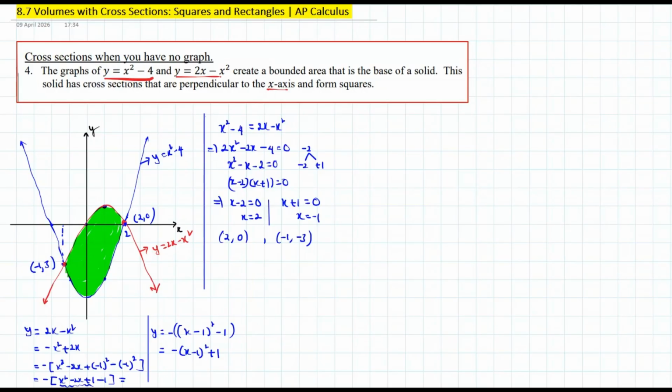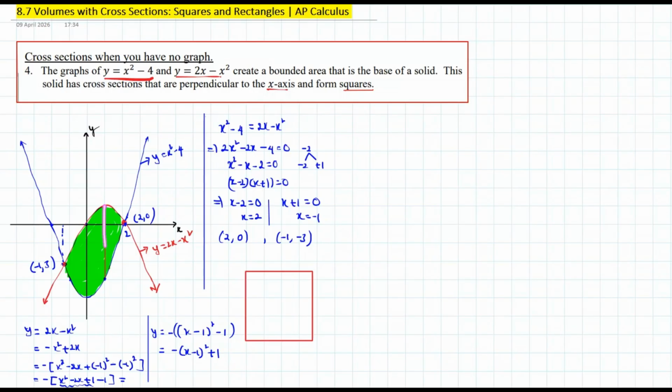Now the cross sections: the solid has cross sections perpendicular to the x-axis that form squares, right? So let's form the square. This is the square. You can see the height equals the side length of this square, these two are equal.